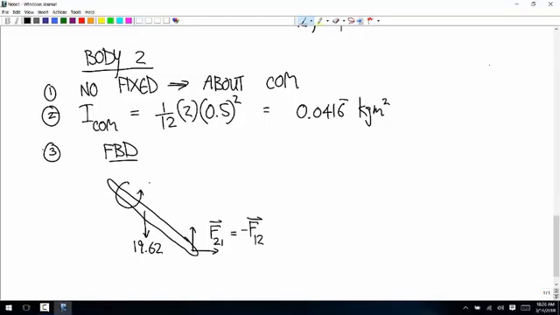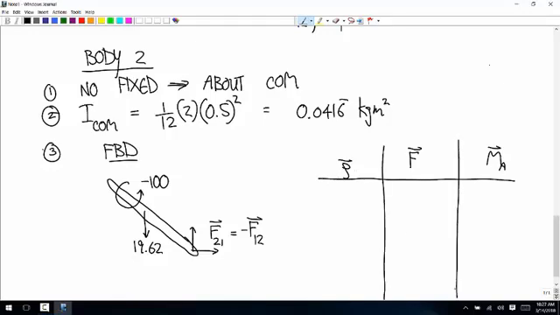I'll draw that as counterclockwise and just call it negative 100. The rho, force, moment. Our about point is the center of mass. So I'll start with the weight. Rho vector is 0. The force vector is 0, negative 19.62. And the moment is 0.